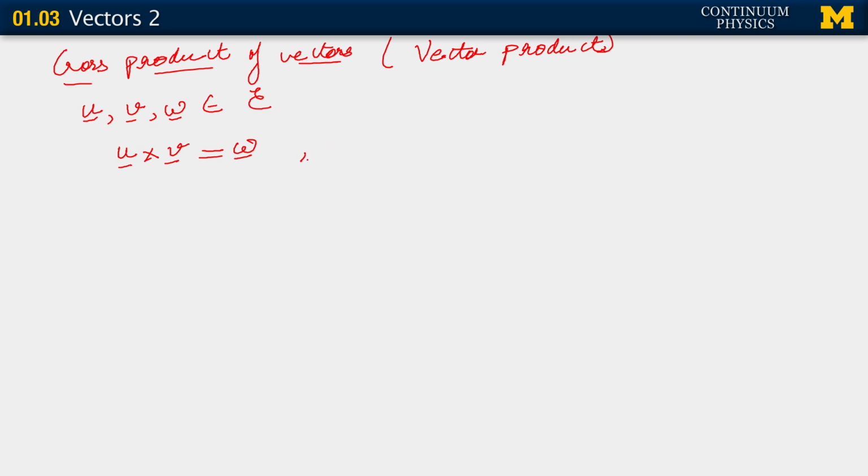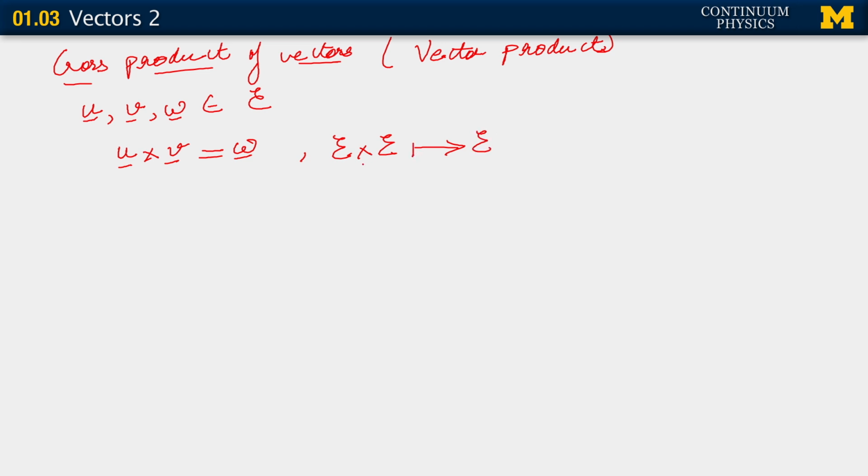Using the sort of mathematical notation that we employed to talk about how the dot product maps two vectors, both from the space of vectors, into the reals, we have the following notation. We take u and v, both of which belong to the vector space E, and we are mapping them onto the vector space E again.